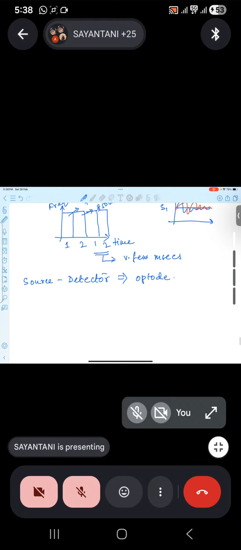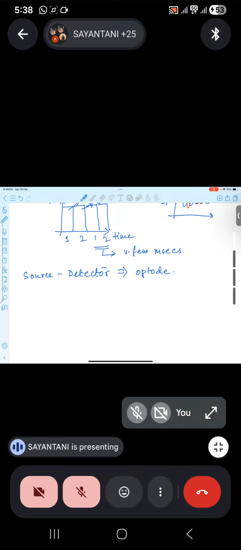Now, again, there is a strategy for optode placement. The strategy follows the 10-10 placement system. That means from the nasion, inion and every part of the scalp, the adjacent distance must be 10% of the entire length of your scalp. Previously in EEG we had 10-20, this is 10-10.